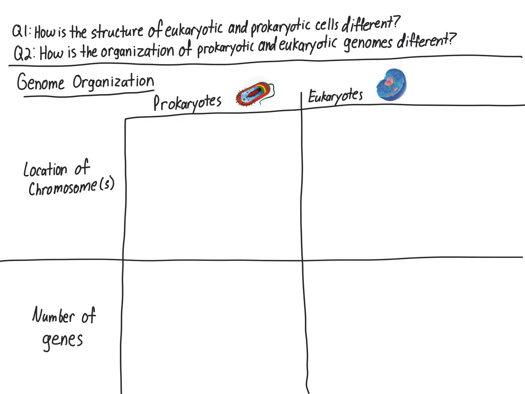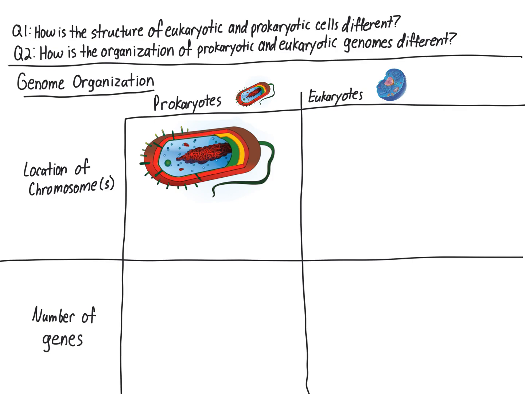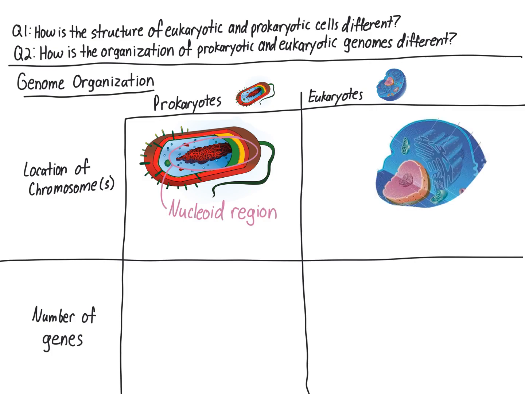Let's see some other differences in genome organization between prokaryotes and eukaryotes. In prokaryotes, the region where the chromosome is found is called the nucleoid region, and it is not separated from the rest of the cytoplasm. So the nucleoid is not an organelle. It's just the part of the cytoplasm where the chromosome is found. Eukaryotic chromosomes are housed within a membrane-bound nucleus.